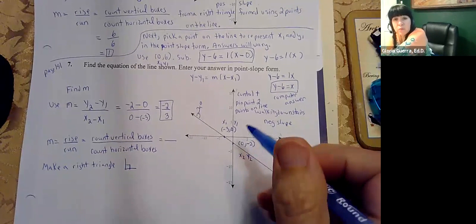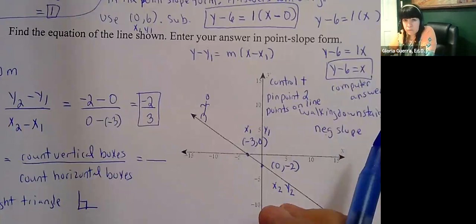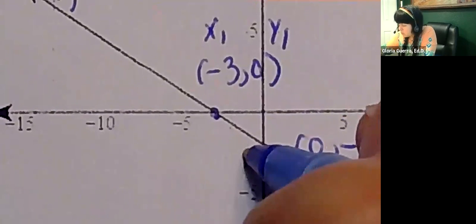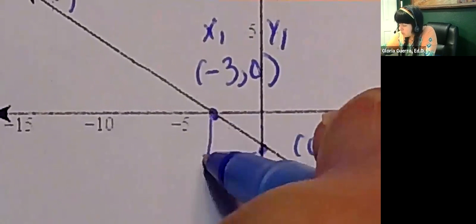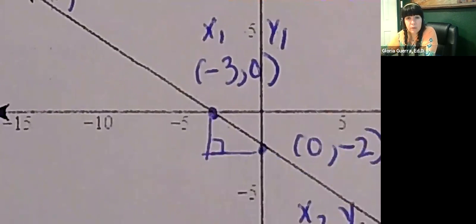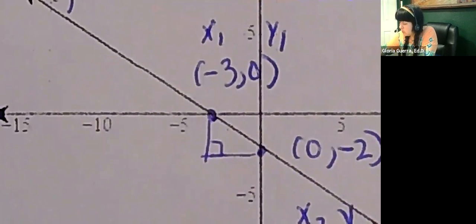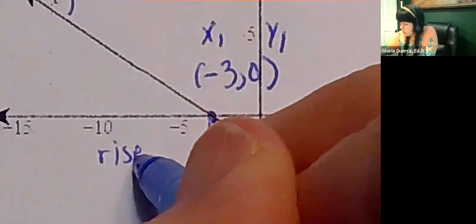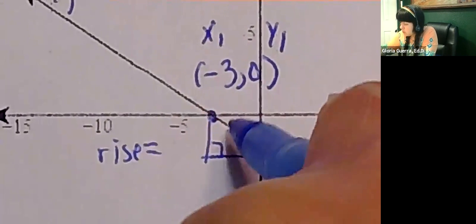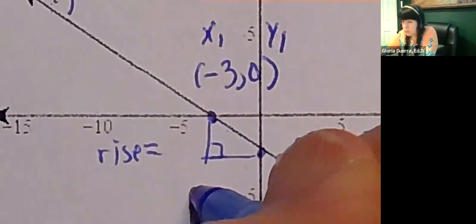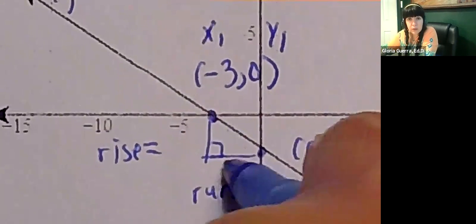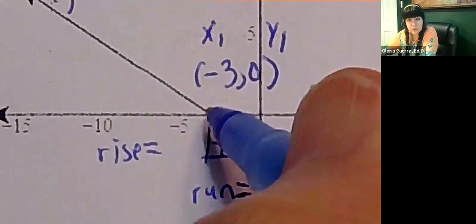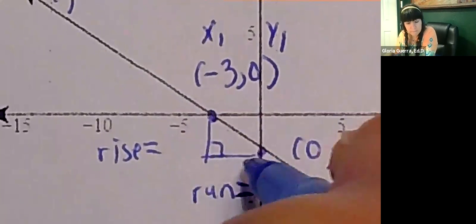Let me show you. Like this way. And there's my right triangle right there. Okay. So then this is your rise right here. And then this is your run right here. Rise and run, rise and run. So that's how I shape that triangle.